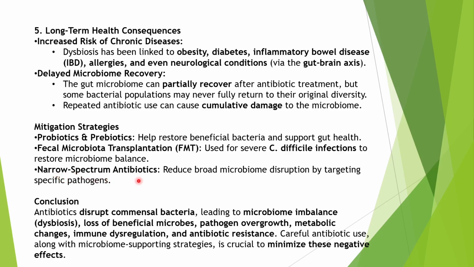Then narrow spectrum antibiotics reduce broad microbiome disruption by targeting specific pathogens. There are specific antibiotics for specific pathogens. Like I said, they screen it and then decide which infection needs what kind of antibiotic. There are broad spectrum antibiotics and narrow spectrum antibiotics.